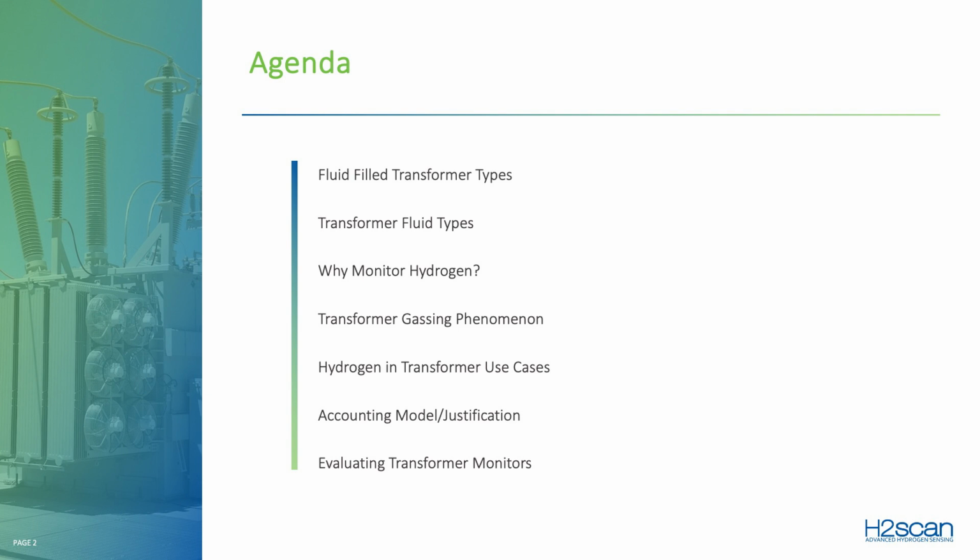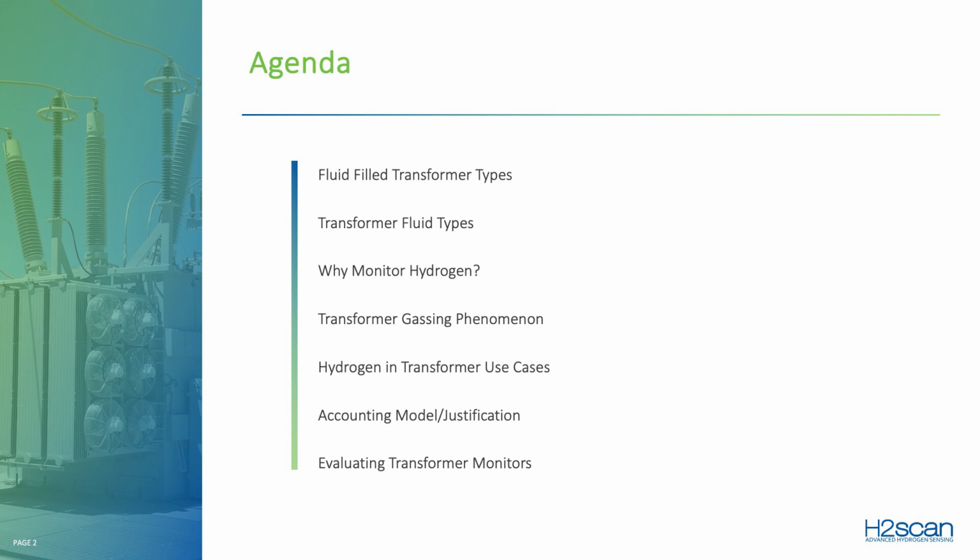So what happens, where does that gas come from when an oil sample or a monitor starts showing that your transformer is gassing? Hydrogen in transformer use cases. It's important that we understand why hydrogen is important, but then look at some use cases to see real world cases of when hydrogen was used to act on the health of the transformer.